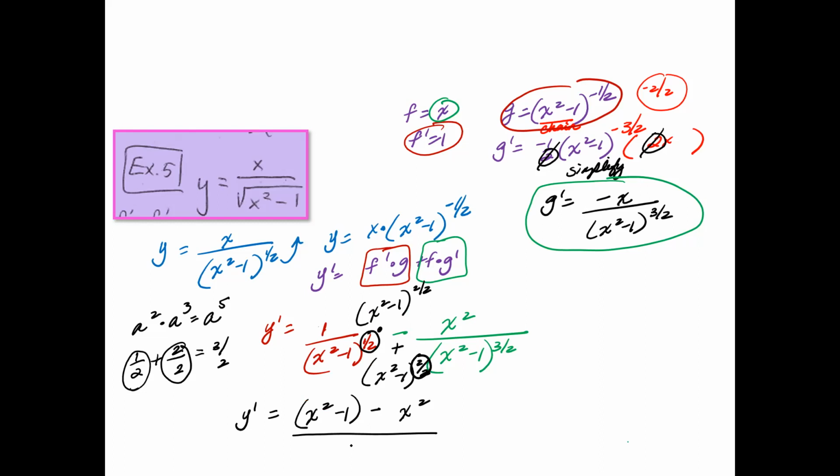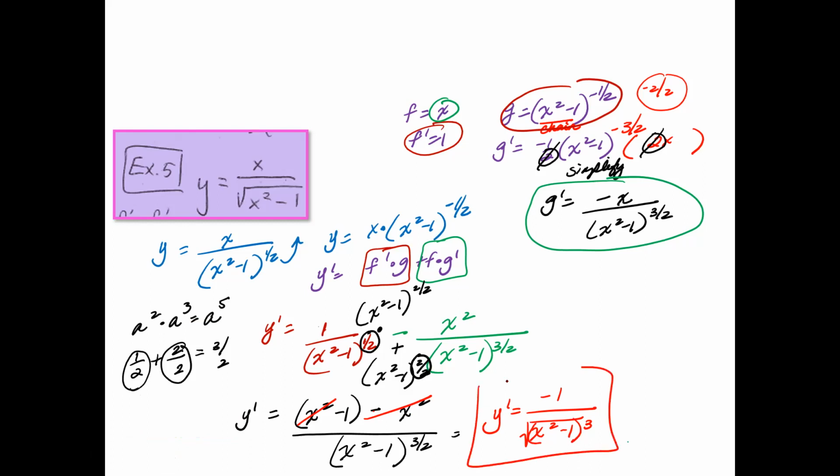So I have a common denominator now, and it's x squared minus 1 to the 3 over 2 power. And I can see that I'm going to cancel this x squared with this negative x squared. So my y prime is just negative 1 over x squared minus 1. And now I could put it back into the radical form with a power of 3 exponent squared. And that is my answer.